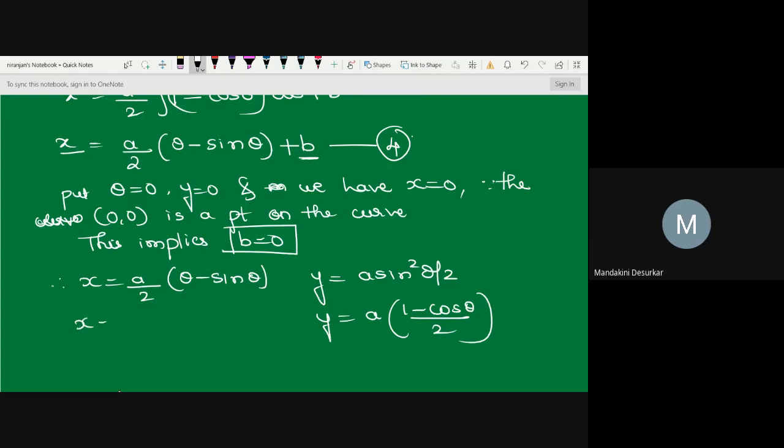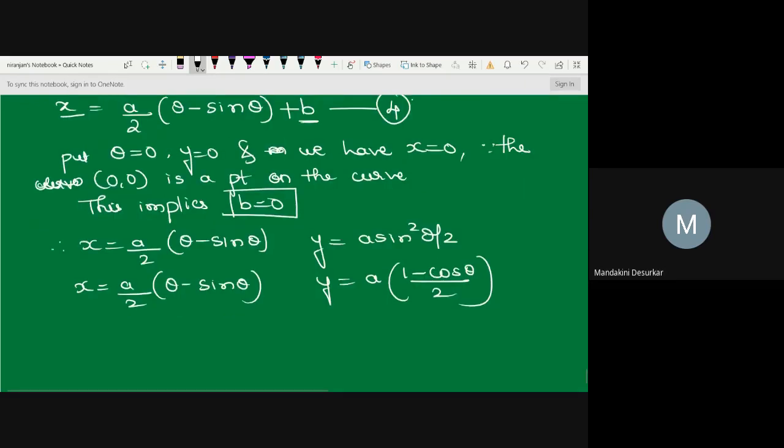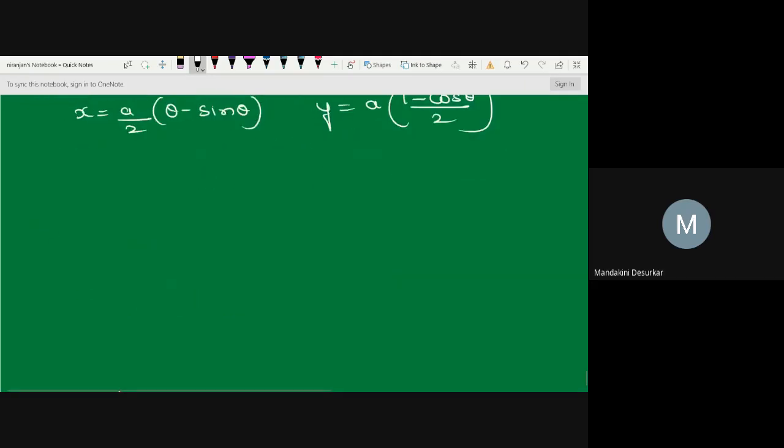So x is equal to a by 2 theta minus sine theta, and y is equal to a by 2 1 minus cos theta.